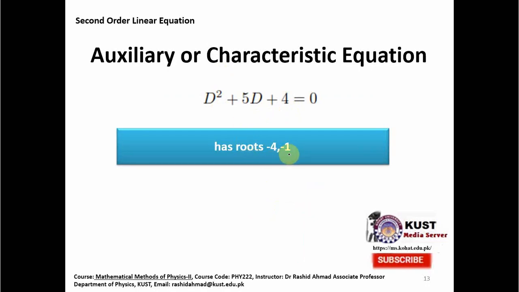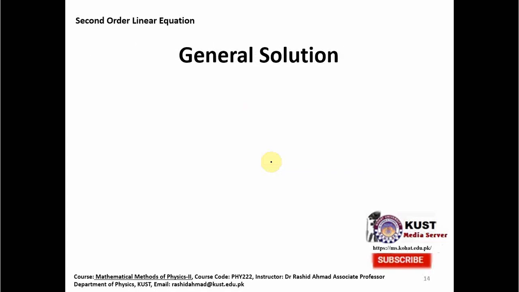So the solutions we got, e raised to power minus 4x and e raised to power minus x, were actually equivalent to the roots of the auxiliary or characteristic equation. So we actually have transformed the second order linear differential equation into algebraic form, as you can see over here, and now this algebraic equation has roots minus 4 and minus 1.